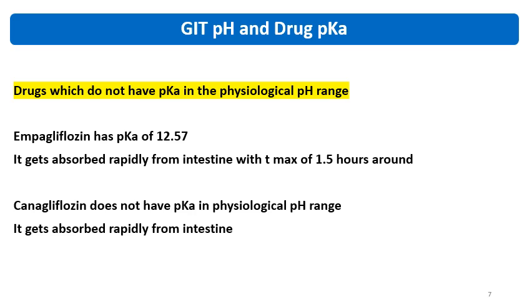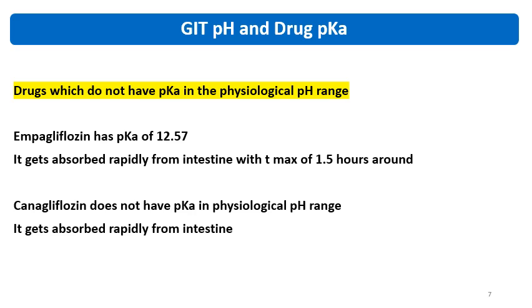Another example is canagliflozin. Canagliflozin does not have pKa in the physiological pH range, but it gets absorbed rapidly from the intestine. So whenever you come across such an example with drug which is not having pKa in the physiological pH range, do not think that it will not get absorbed. The drugs which don't have pKa in the physiological pH range will also get dissociated somewhere in the GIT.